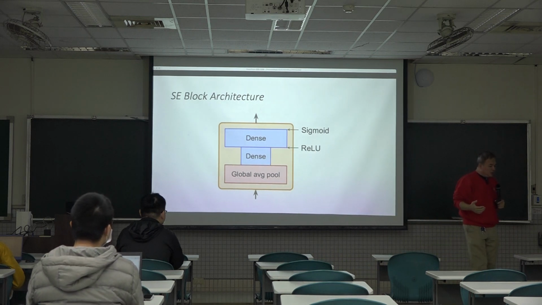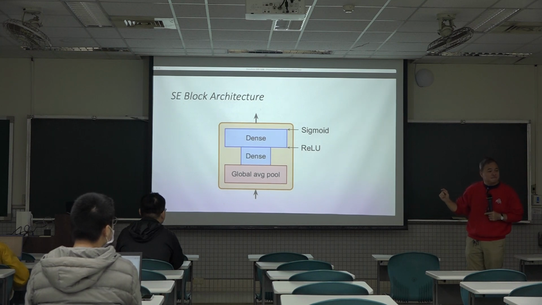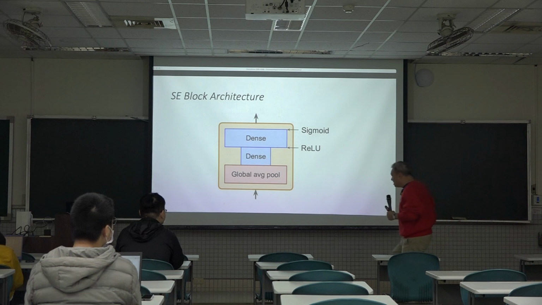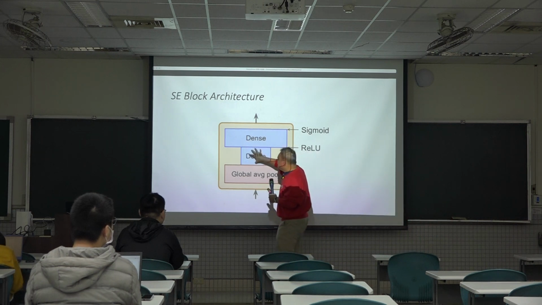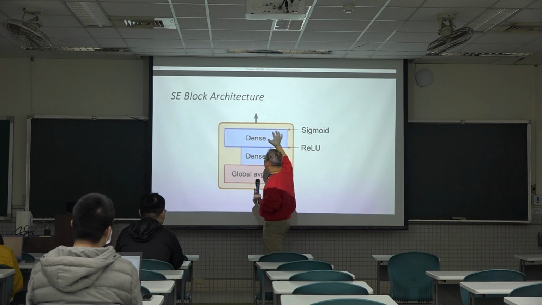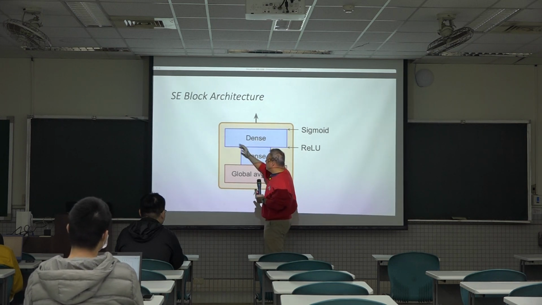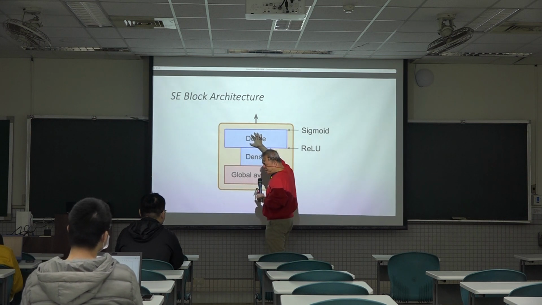In the neural network area, we call such lower dimensional information an embedding. With that, we will have another dense layer, but this dense layer is going to become 256 again.